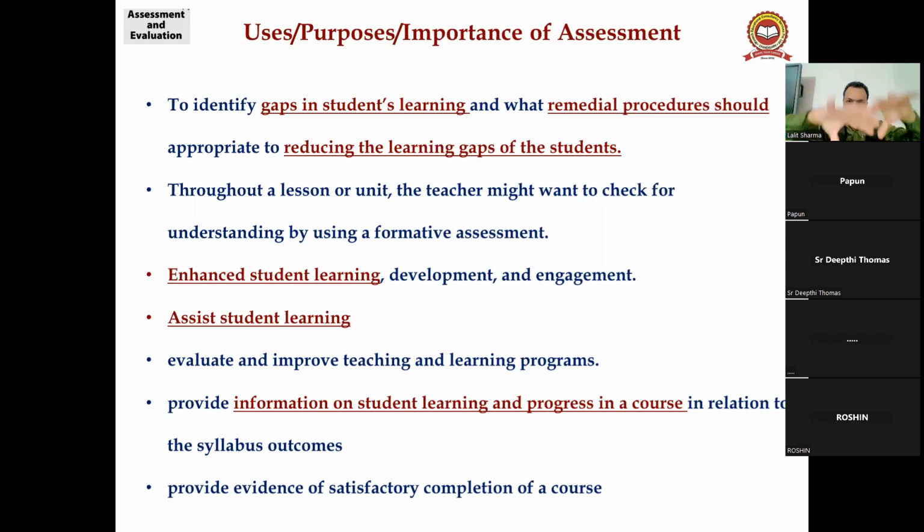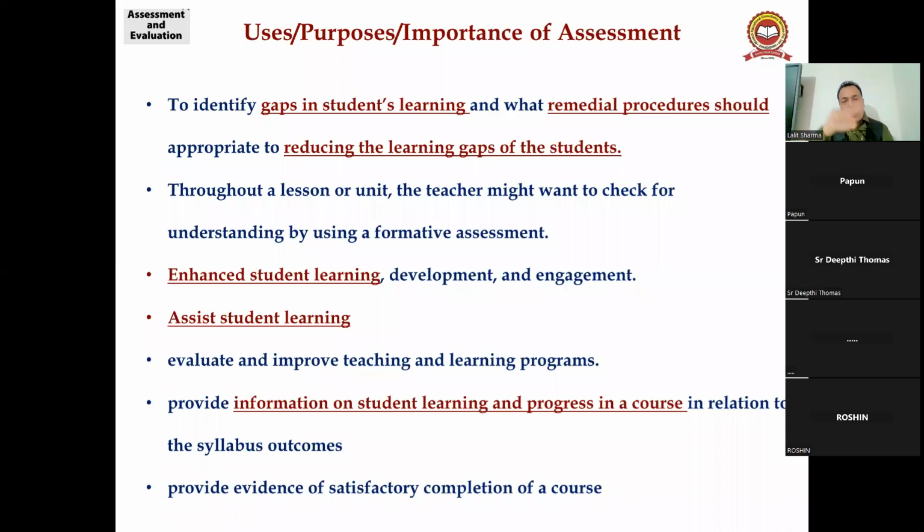Right? We have to work on the personality of the student. We have to develop the all-round personality of the student, harmonious development of the student. We have to develop the student physically, intellectually, spiritually, ethically, right?